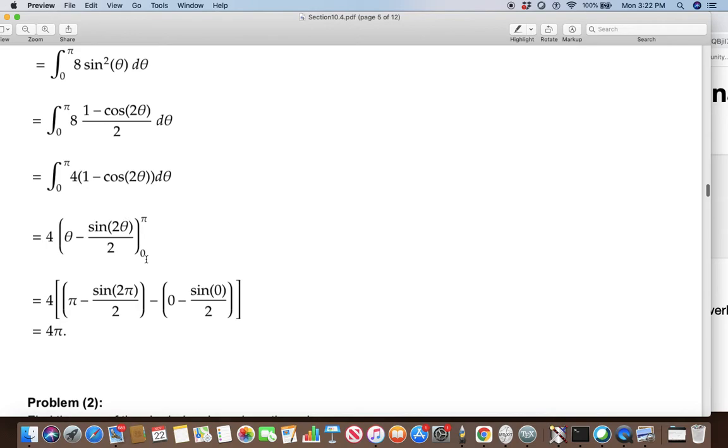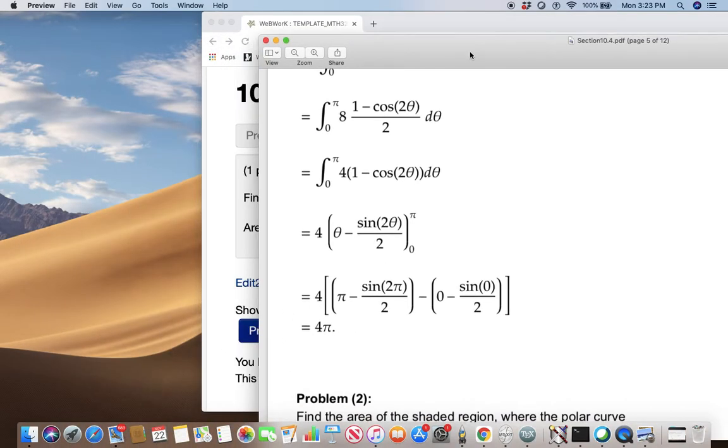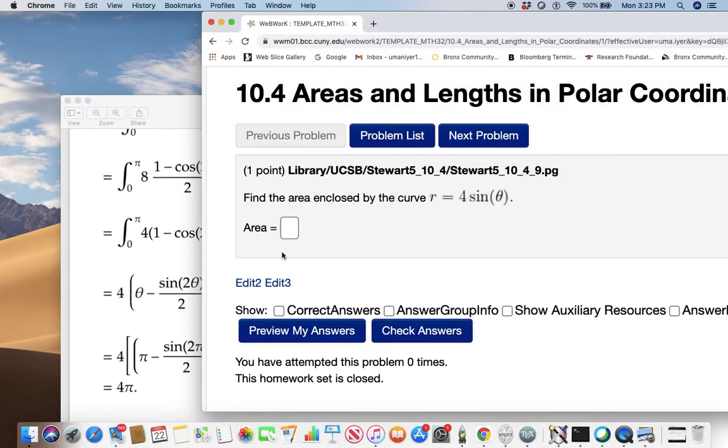Limits of integration are 0 to pi. Now evaluate it. Notice sine 2 pi is 0, sine 0 is 0, theta equals 0 is 0. So the only term that survives is pi, 4 pi. 4 pi is the area of the curve.